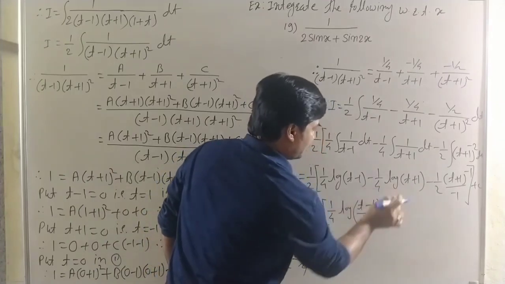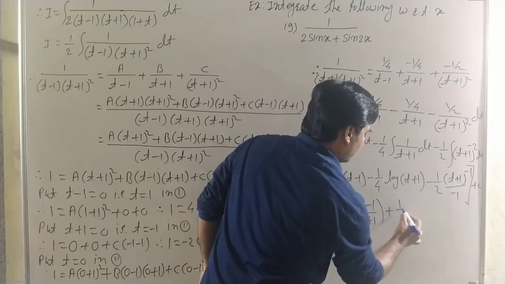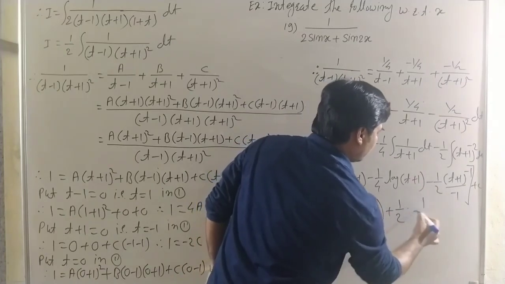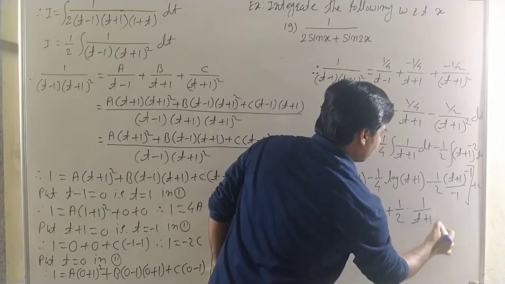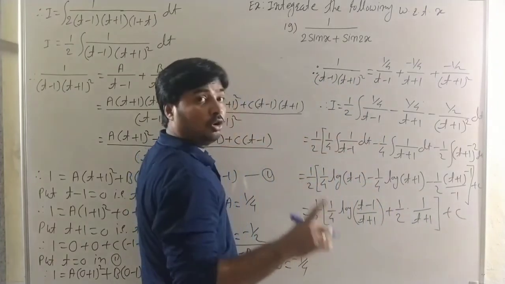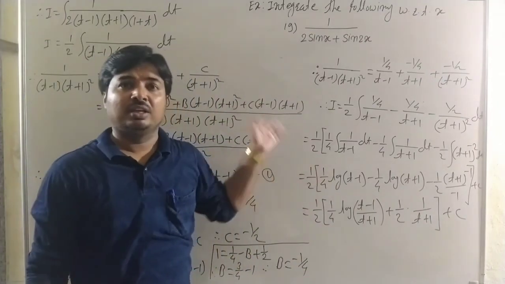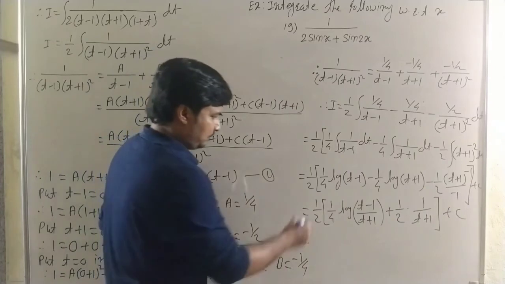Here the first two terms combine, and here minus minus gives plus, 1 by 2 into 1 by (t plus 1), and plus c. In the last answer put the value of t, where t is the substitution, that is cos x.